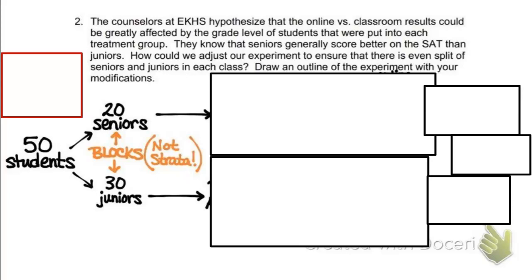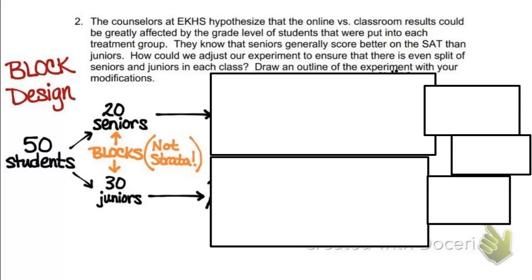The difference between stratified sampling and what we call block design is that we're doing an experiment. When we're doing an experiment, we're still going to split people. If we're going to do a block design, we're going to split people based on a characteristic that we think is important, the same way that we choose our strata in stratified random sampling. But because we're doing an experiment with it, we call it our block design.